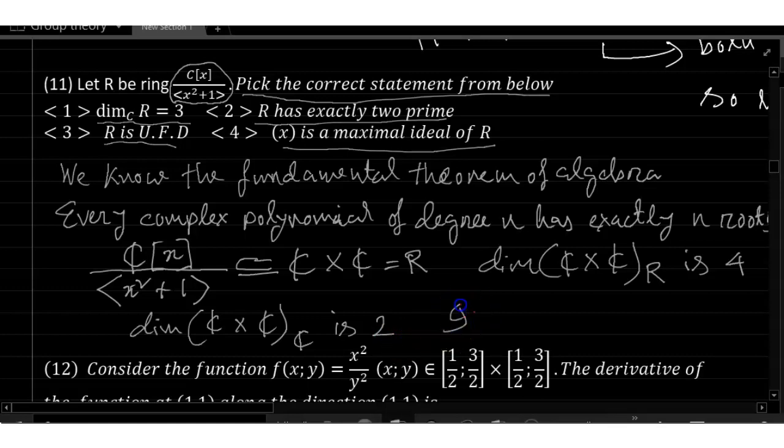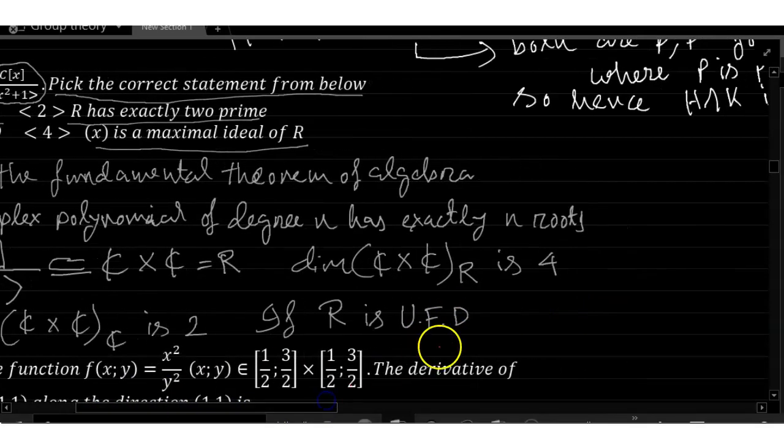If R is a UFD, it implies R is an integral domain.